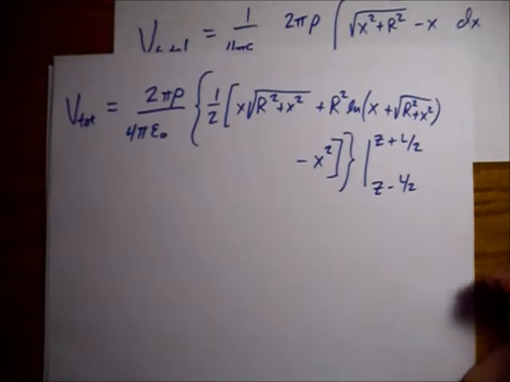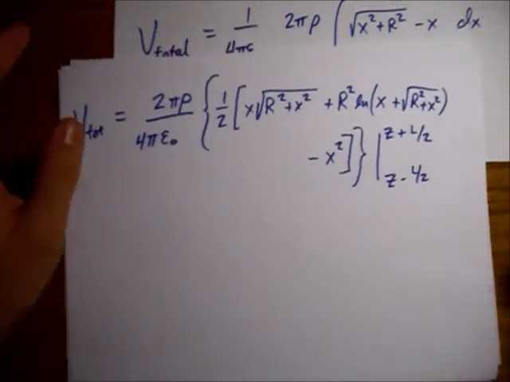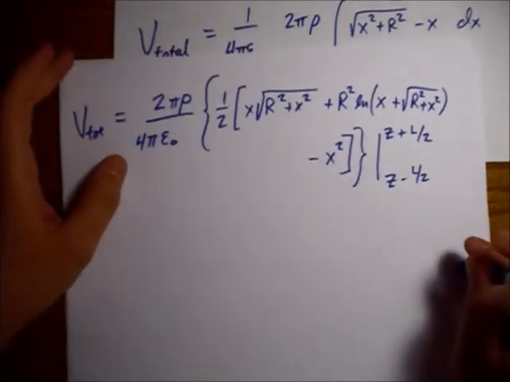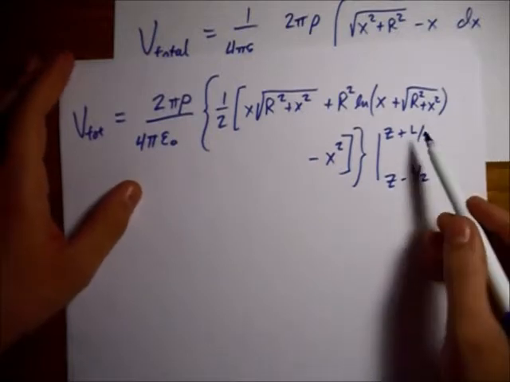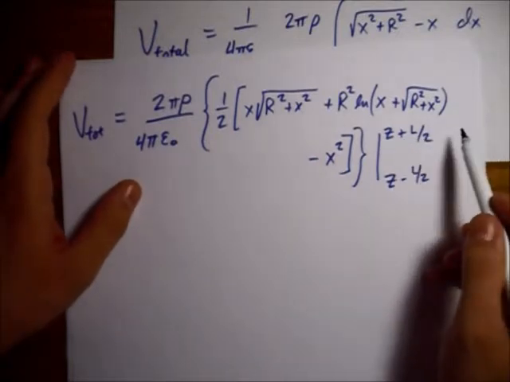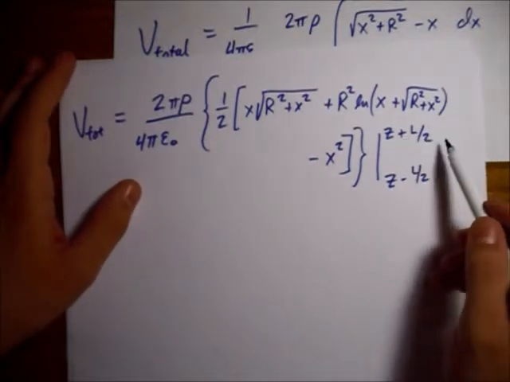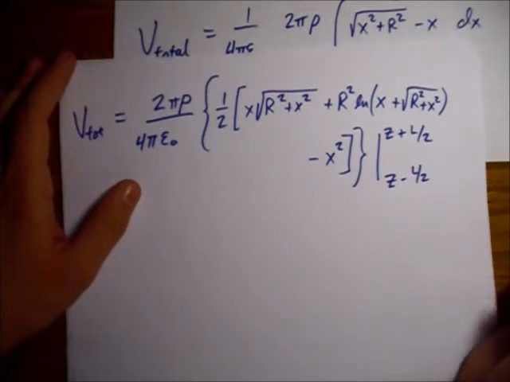Maybe we can do something about this. Should we come up with a substitution for L over 2 so we don't have to write that so much? Yeah, let's do that.